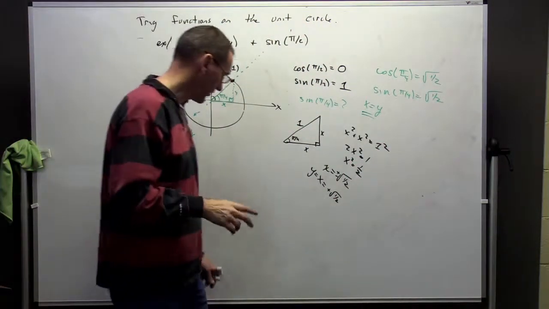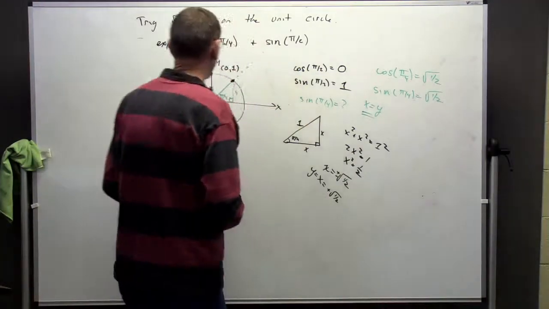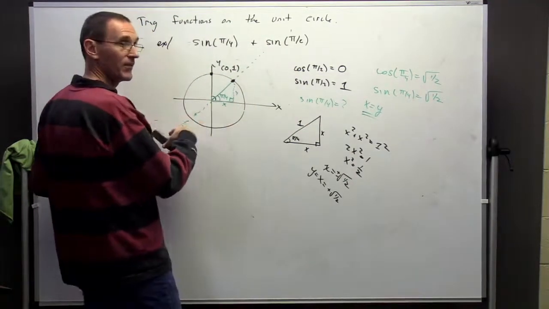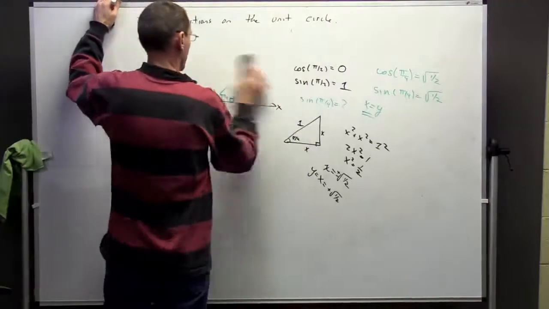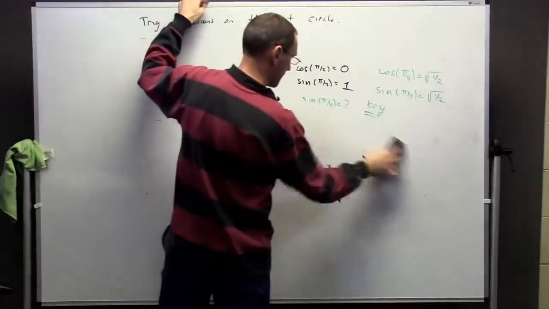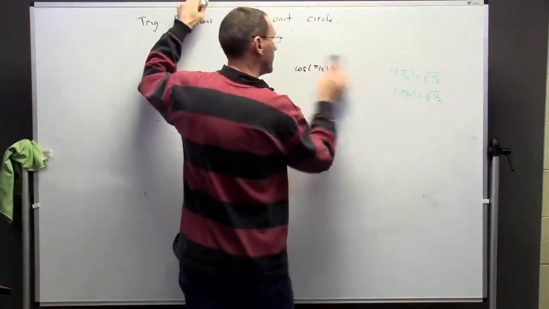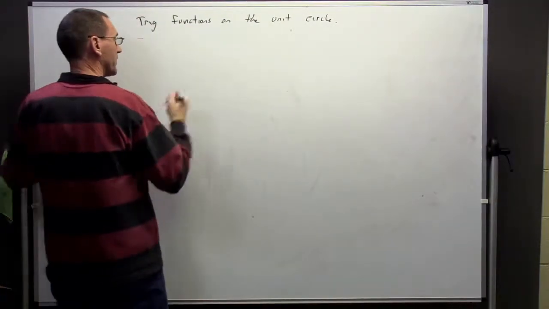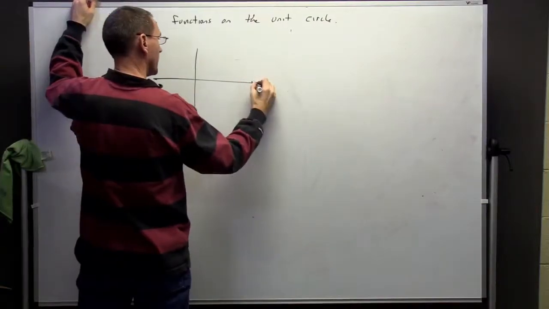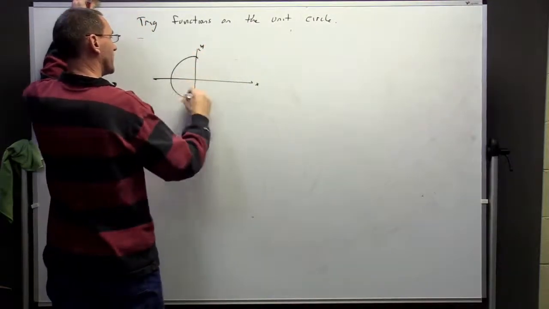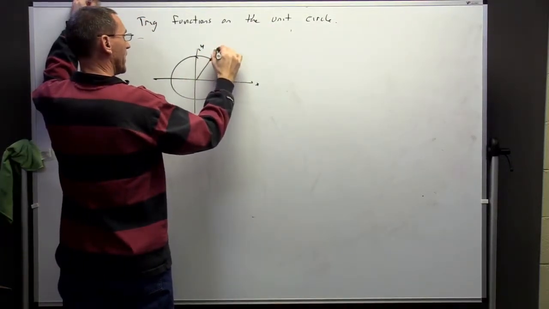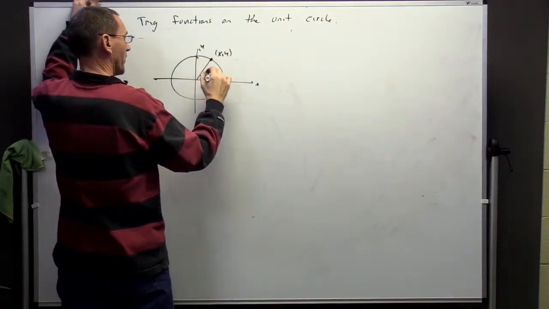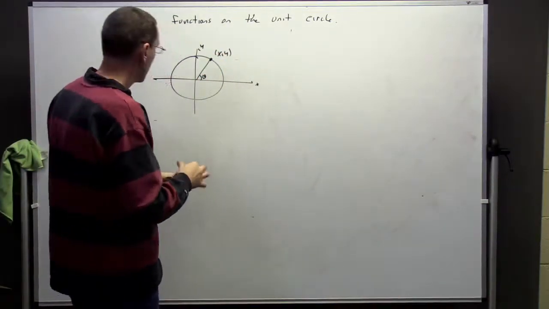Okay, one last note. Coming back to this idea of looking at this as a triangle, we can say something in more general terms. So just any angle here. I pick this angle here, some angle theta. Okay.